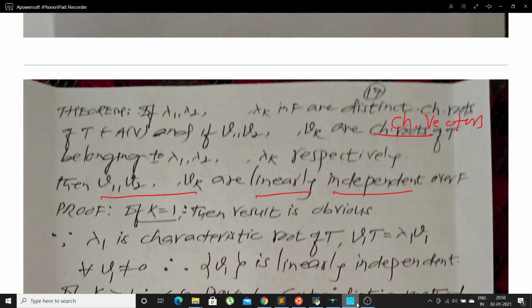Before I prove the theorem, let me recall the definition of linearly independent. To define linearly independent, we need a scalar.